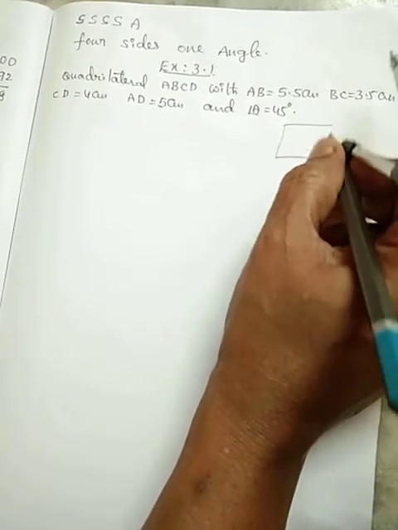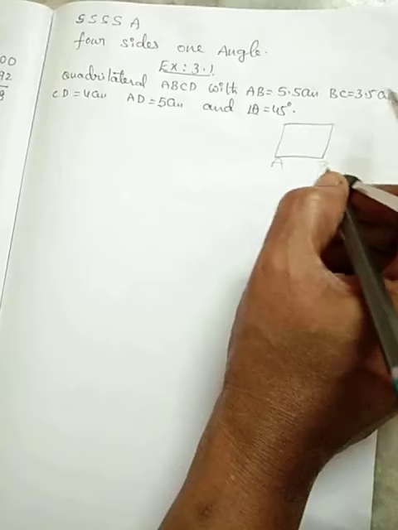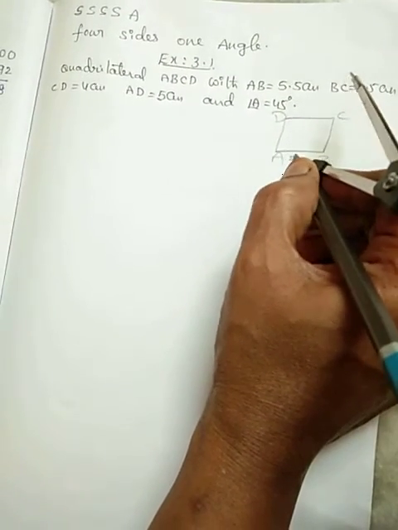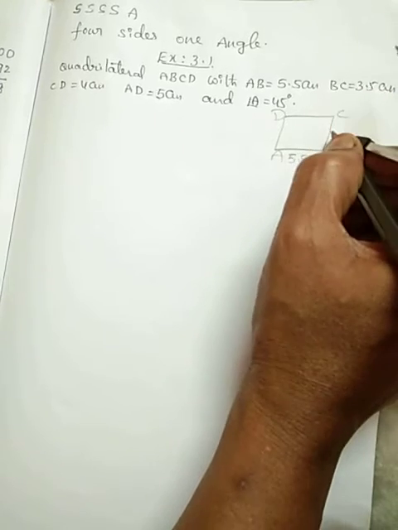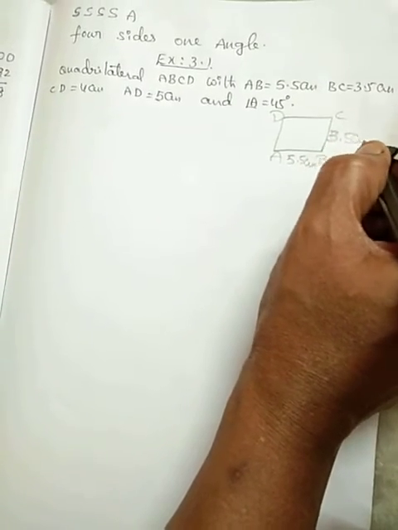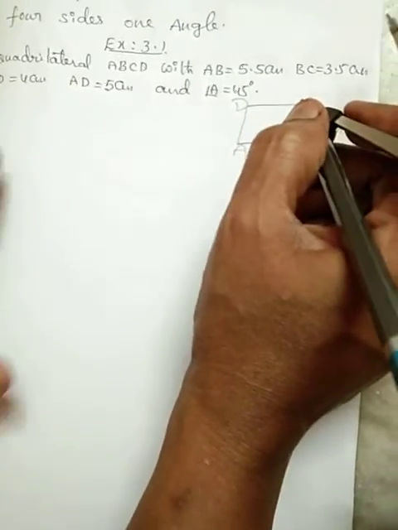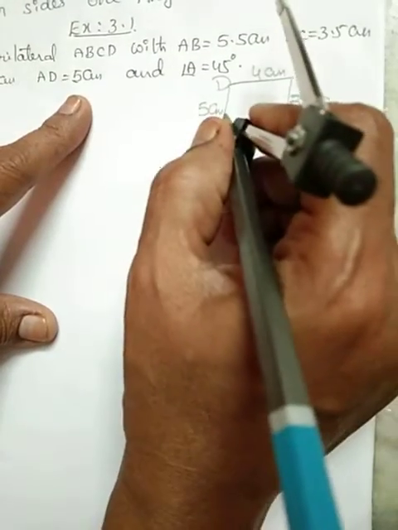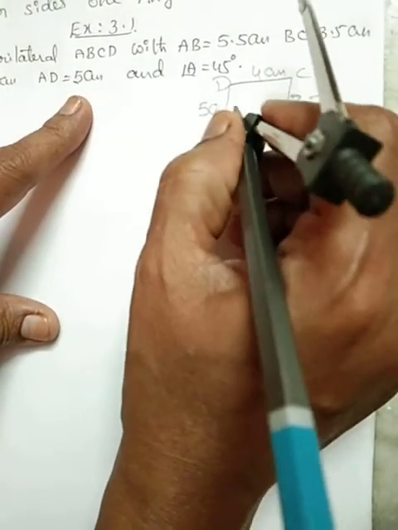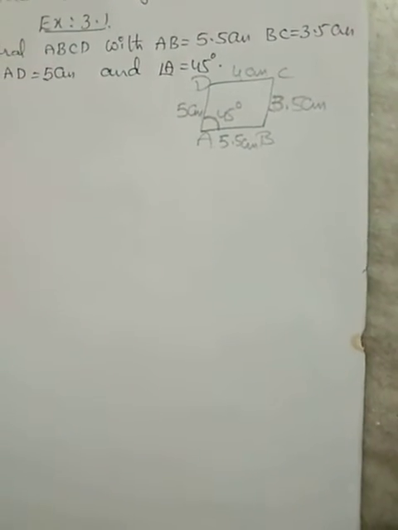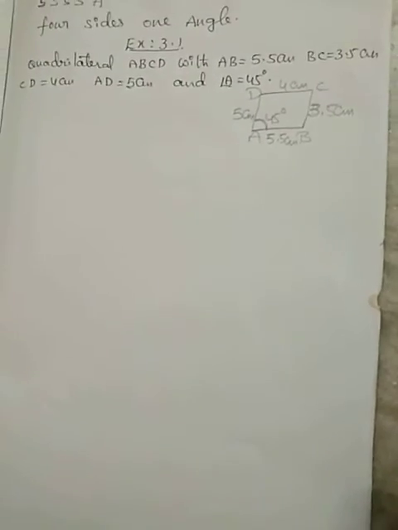I am drawing the quadrilateral ABCD, and here AB is equal to 5.5 centimeters and BC is equal to 3.5 centimeters, and next CD is equal to 4 centimeters and AD is equal to 5 centimeters, and angle A is equal to 45 degrees. So this is our rough diagram. And now how can we construct?